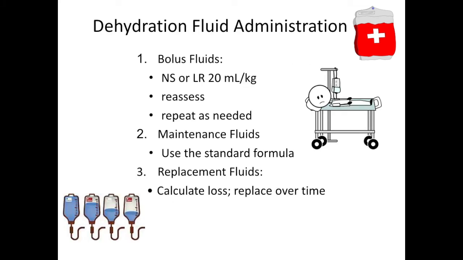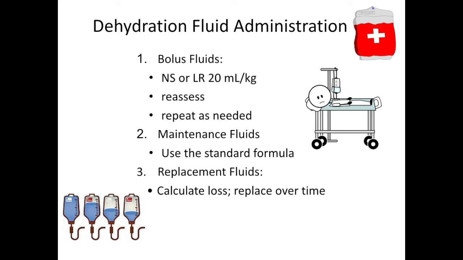So, just to reiterate, dehydration fluid administration includes administering bolus fluids, normal saline or lactated Ringer's, at 20 milliliters per kilogram. Reassess the patient, repeat as necessary. We can give maintenance fluids, and this may be pertinent for a child who only has mild dehydration, in which case we would use the standard formula.